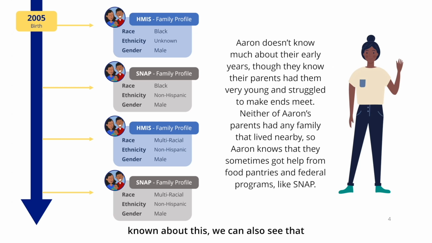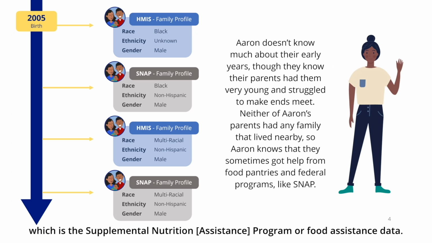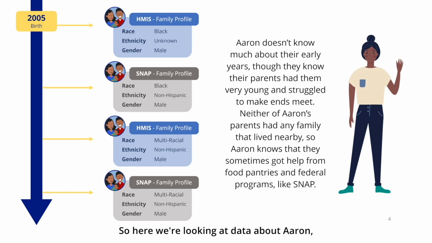We can also see that it looks like Aaron's race was recorded slightly differently, sometimes as Black, sometimes as multiracial. We also see that data was recorded about Aaron's family via SNAP, which is the Supplemental Nutrition Assistance Program or food assistance data. So here we're looking at data about Aaron collected by housing and food assistance programs over the years.